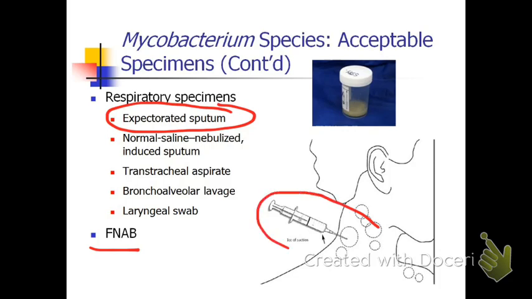This one is known as the FNAB, fine needle aspirate biopsy. Usually the pathologist or the doctor would aspirate tissue from the swollen lymph node of a patient. So, a patient with cervical tuberculosis or lymph nodes that are swollen.